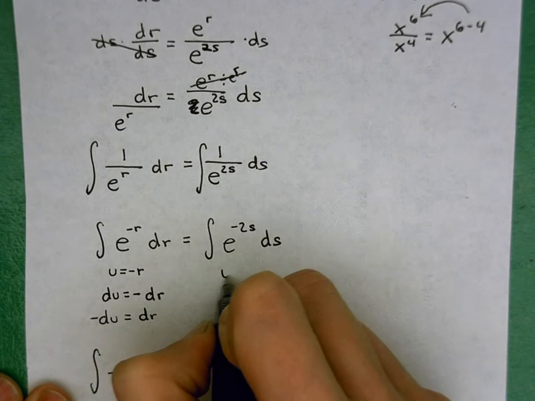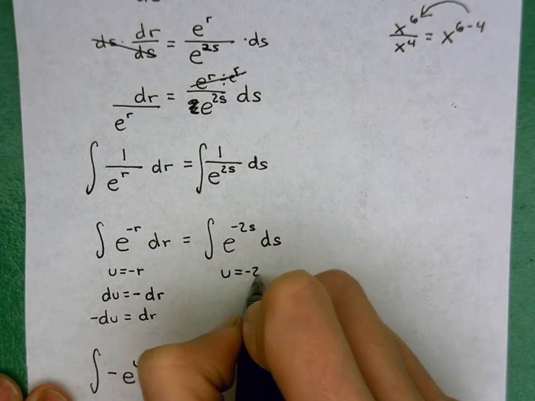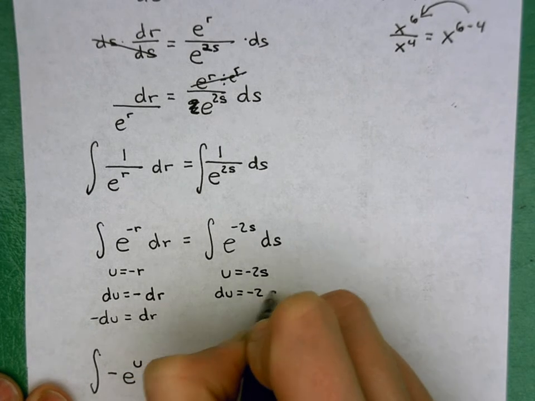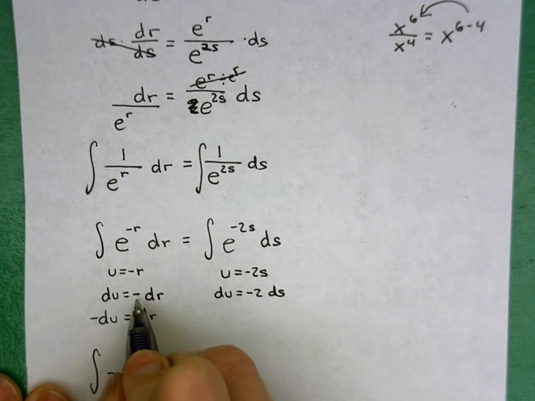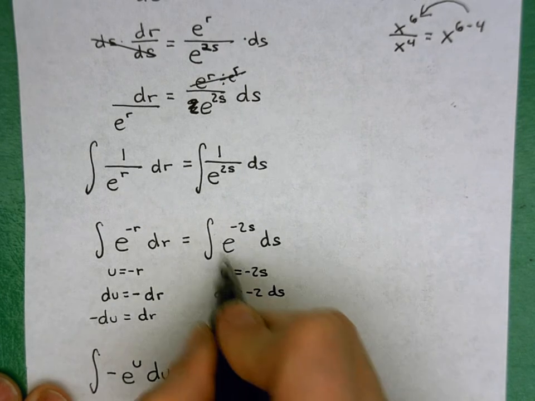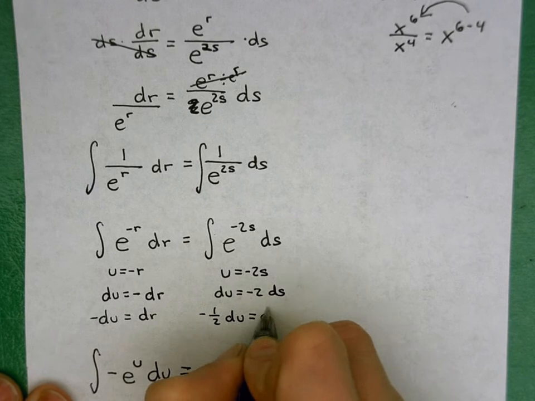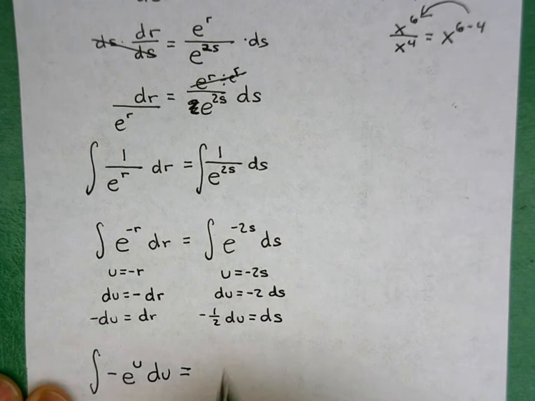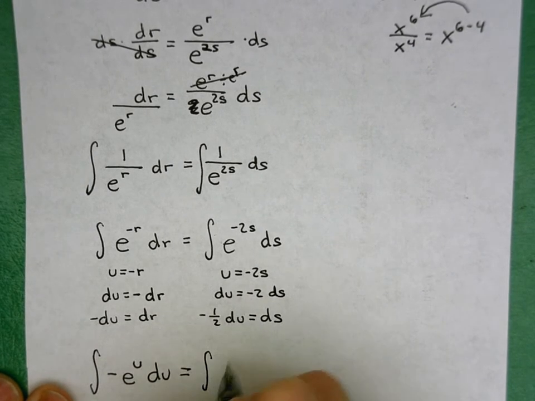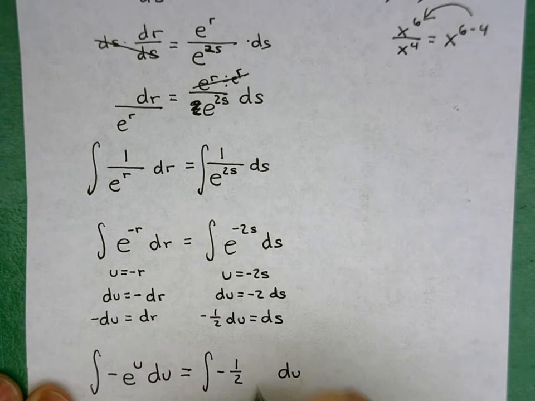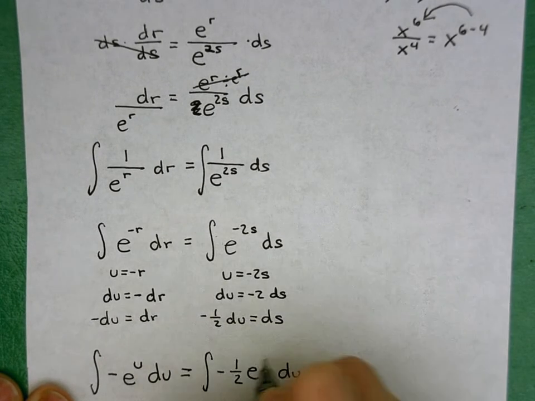Over here, my u is negative 2s, which makes my du negative 2 ds. And similar to this problem where I didn't have the negative, I don't have that negative 2, so I'm going to go ahead and divide that over to the other side. I'm going to go ahead and rewrite this. We have negative 1/2 du going in for ds, and e to the negative 2s is u.